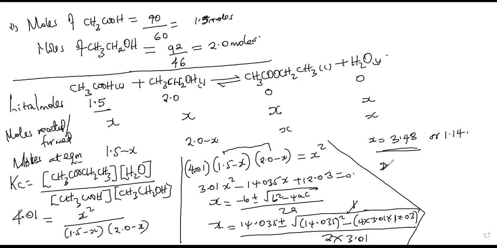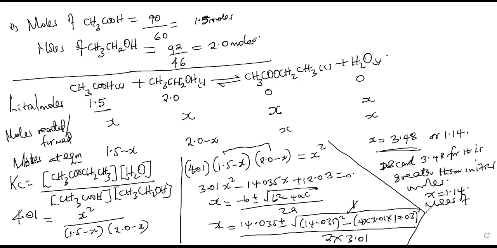So discard 3.48, for it is greater than initial moles, and therefore we shall say that x is 1.14. So moles of ethyl ethanoate is equal to 1.14 moles.